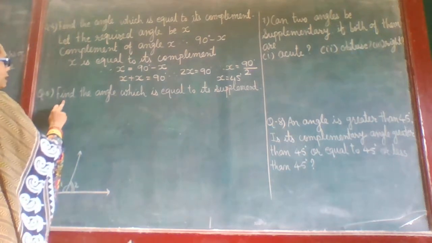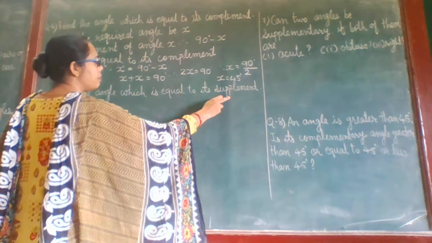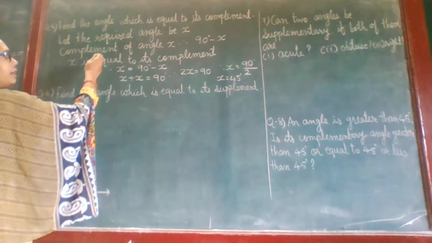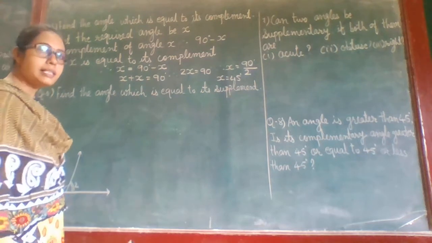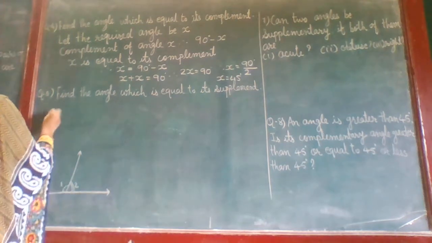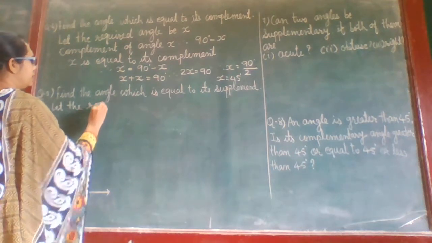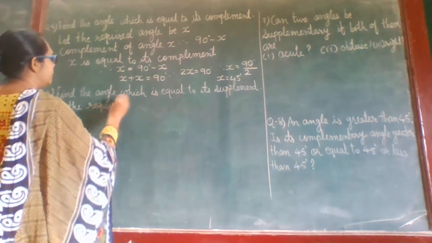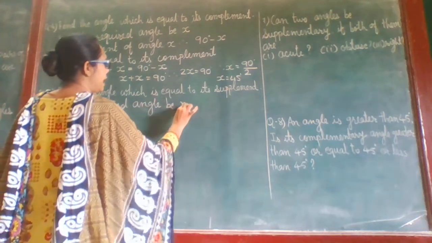So now the next question number 5, find the angle which is equal to its supplement. Here we found the angle equal to its complement. Now here we have to find the angle equal to its supplement. So suppose we write: let the required angle be n.